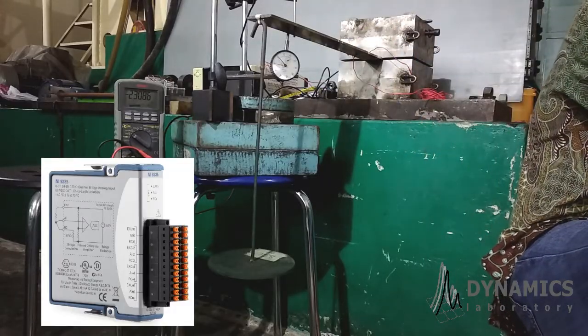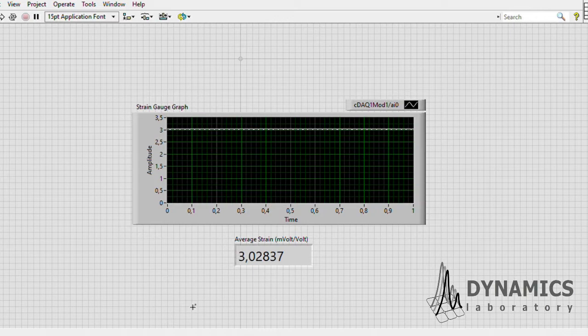I use the LabVIEW program to control the National Instruments device and also to read the measurement data. Here, I show you the graph of the measurement result and also the average of the measurement data. Although I haven't put a mass yet, the strain gauge has already given an output voltage. This can happen because I didn't do zero setting before the measurement started.